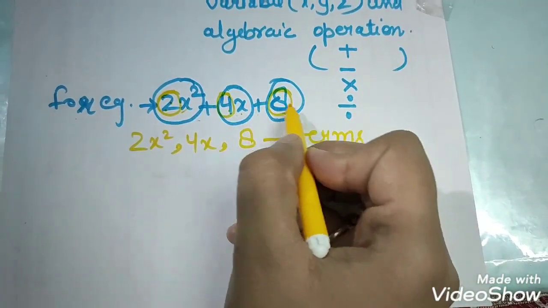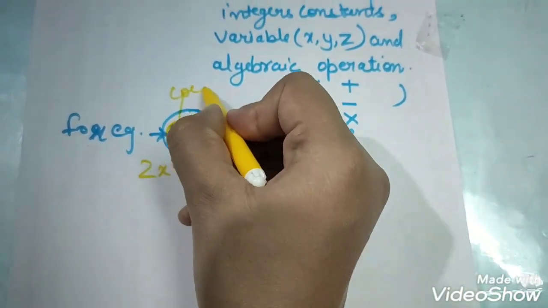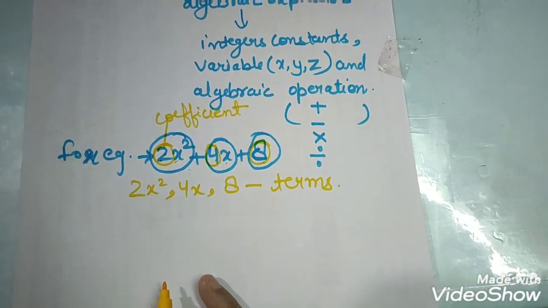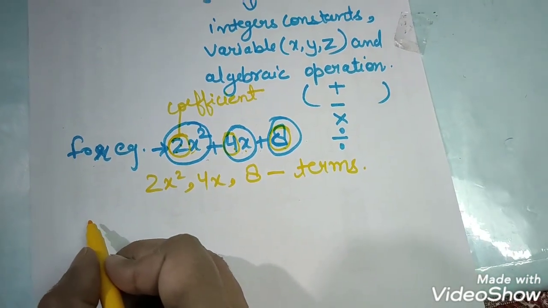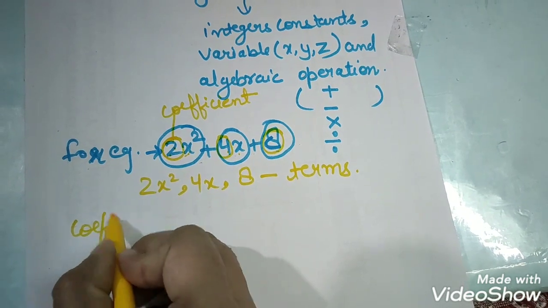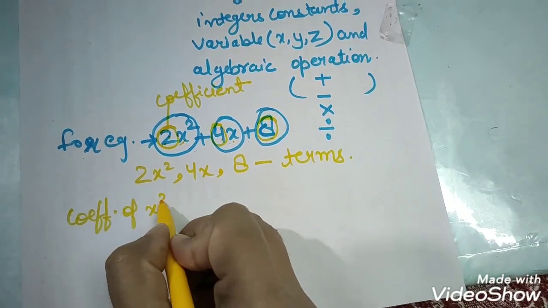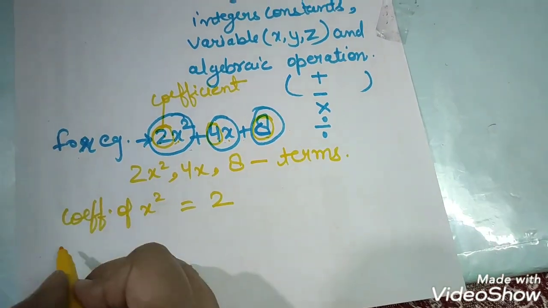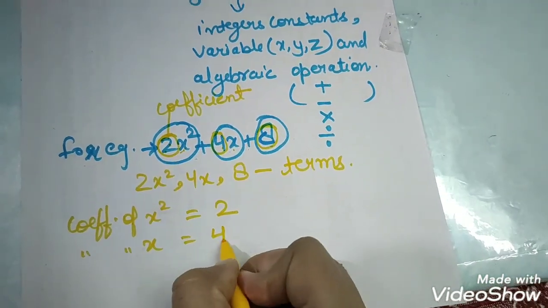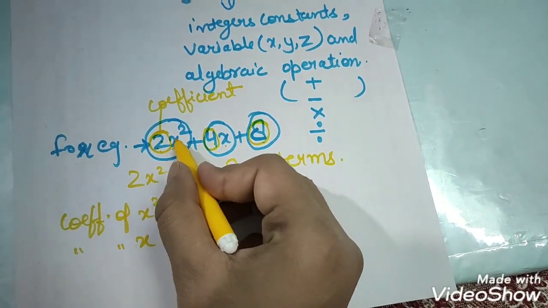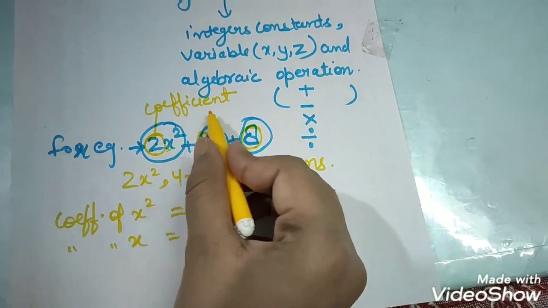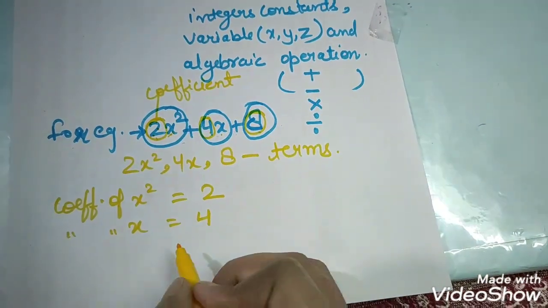These number parts are called coefficients. So the coefficient of x square will be 2. Similarly, the coefficient of x will be 4. The numbers which are multiplying with that variable, that number part, is called the coefficient.